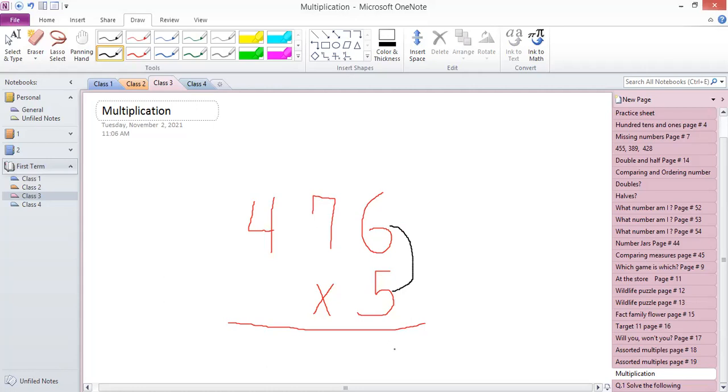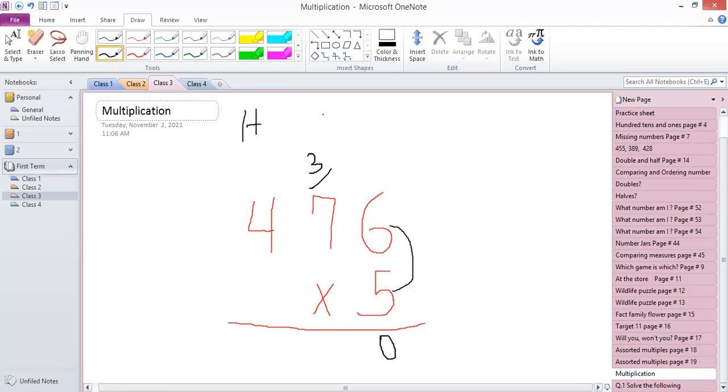So 70 multiplied by 5 equals, Amjad, what to write here? 330. Should I write 30 here? No, up there, put the 3 there, in the tens place.